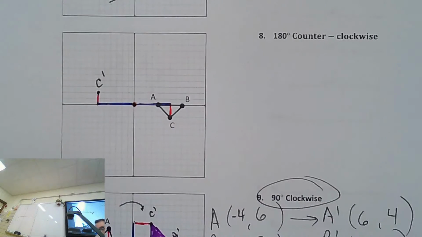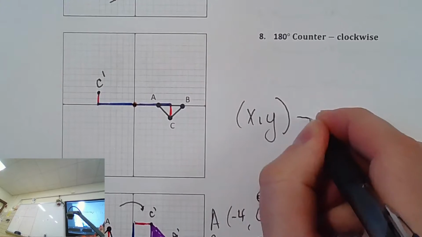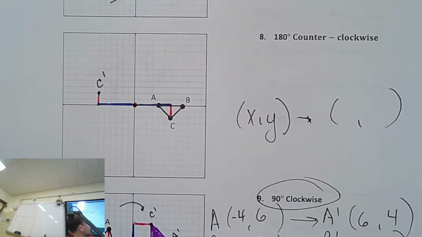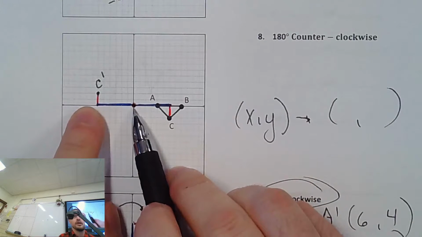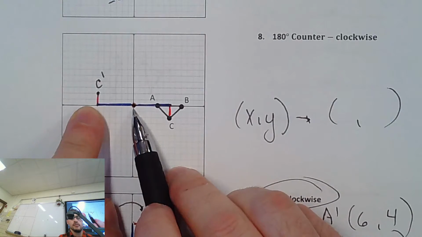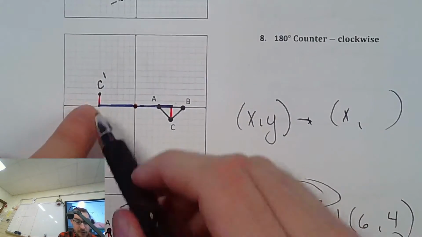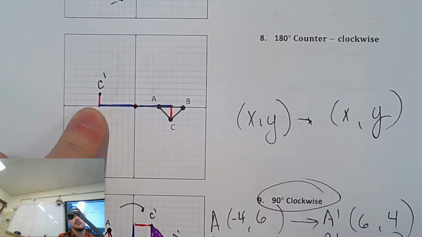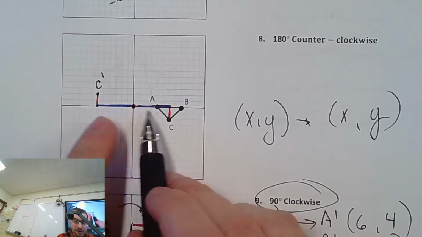Let's look at the lines and not write the coordinates yet. Let's talk about the rule. What is happening here? What once was horizontal is still horizontal, right? So do the x and y's change places? No. Still horizontal, still vertical. However, the direction changed. This guy was going to the right, now he's going to the left.